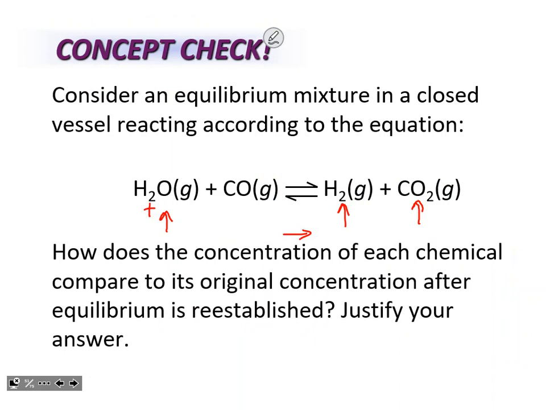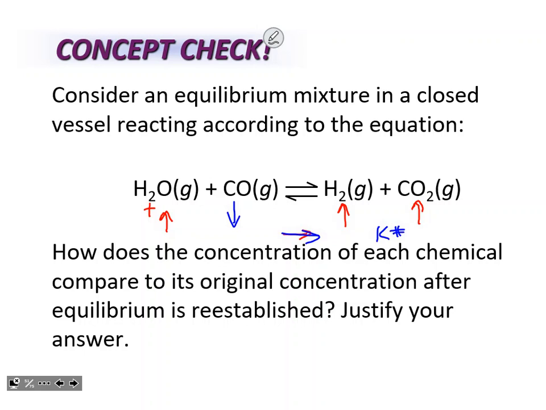Now, we didn't add in any more CO though, but in order to keep going till the reaction gets back to that original K ratio, what's going to happen to the CO? It's going to be consumed. So this one's going to decrease compared to its original concentration. Now remember, the reaction is going to keep proceeding in this direction until it gets back to the K number.